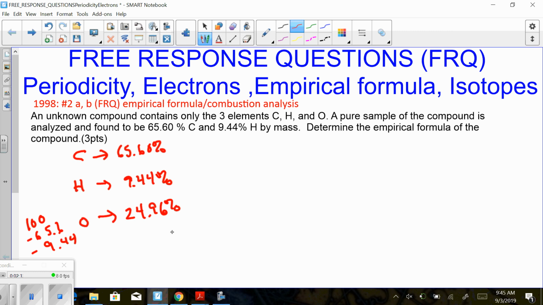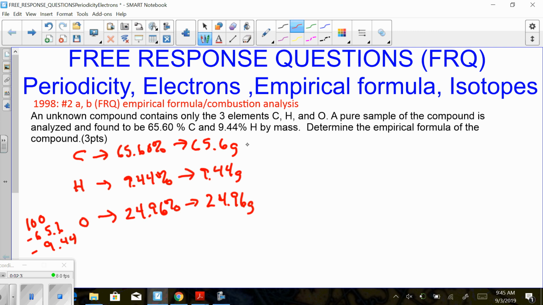If you know percentages, we don't know grams. Assume you have 100 grams, and so you have 65.6 grams of carbon, 9.44 grams of hydrogen, and 24.96 grams of oxygen.